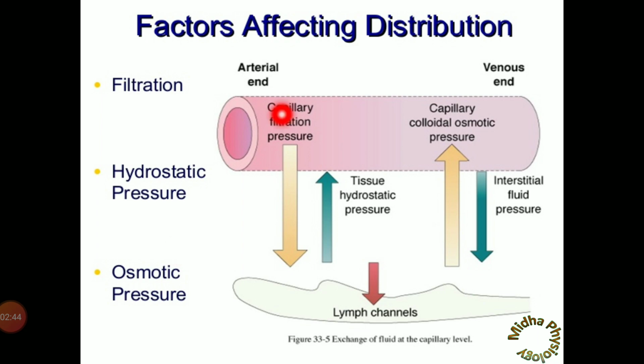The hydrostatic pressure is the one trying to drag the water and electrolytes out of the capillary into the tissue, and the osmotic pressure, exerted by the plasma proteins present in the blood, is also called colloidal osmotic pressure. This pressure is trying to drag the water and electrolytes from the tissue level back to the capillary. So this direction is opposite to that of filtration. The osmotic pressure is not favoring the filtration, whereas the hydrostatic pressure is favoring the filtration.